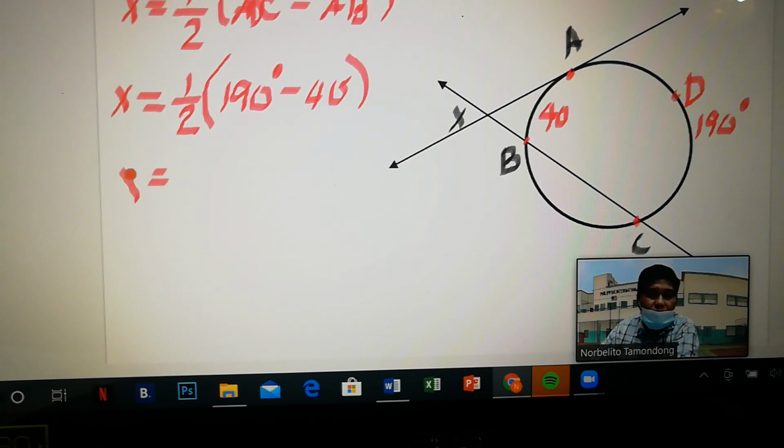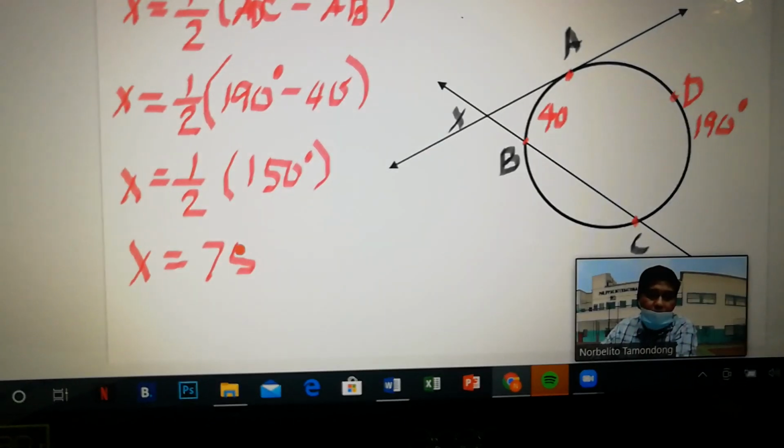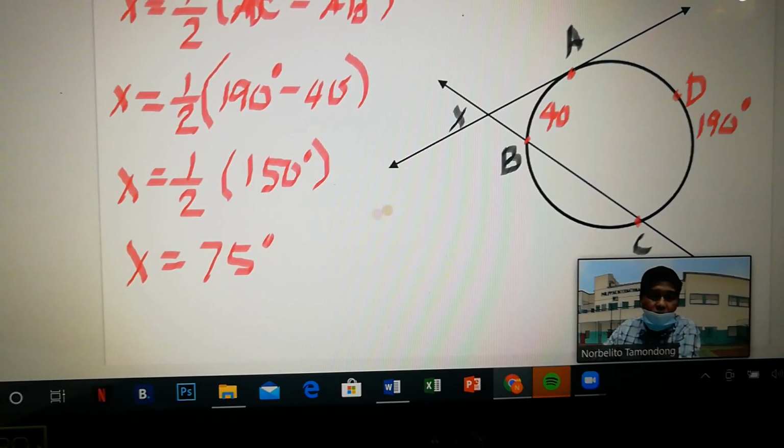So X is equal to 1/2 of 150 degrees. What is half of 150 degrees? 75 degrees. So X is equal to 75 degrees.